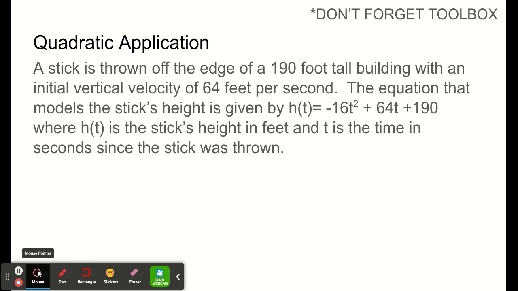So we want to pull the function from this. That's the thing that we're going to need moving forward with the different questions. So we're going to take that h of t equals negative 16t squared plus 64t plus 190 with us as we move forward in the examples today.